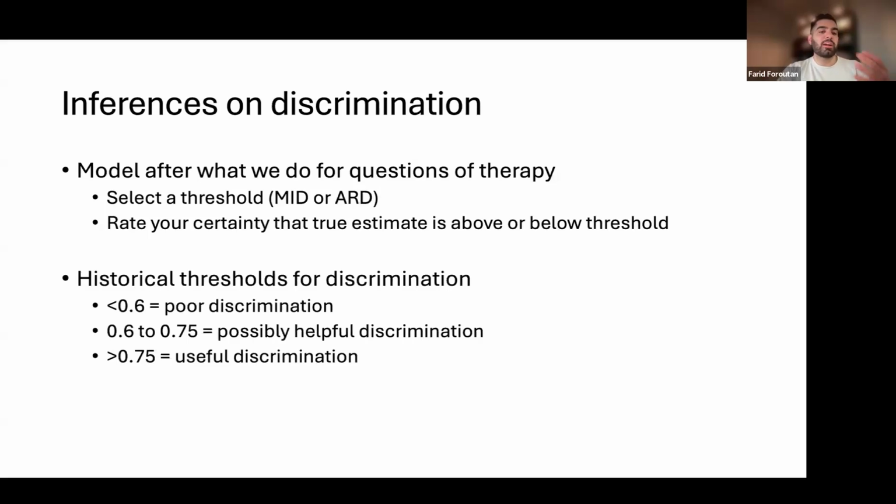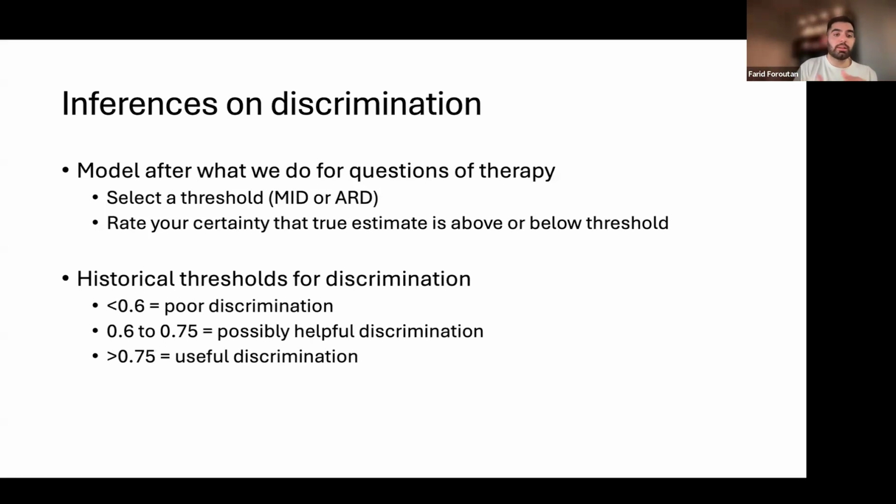Now, what could have been our potential thresholds for discrimination? There have been some historical textbooks that have said, okay, if the global performance of the model is less than 0.6, that's pretty poor discrimination. If you fall between 0.6 and 0.75, that's potentially helpful discrimination. And if it's above 0.75, that's a useful discrimination metric to be seeing in the validation study. Why these thresholds?